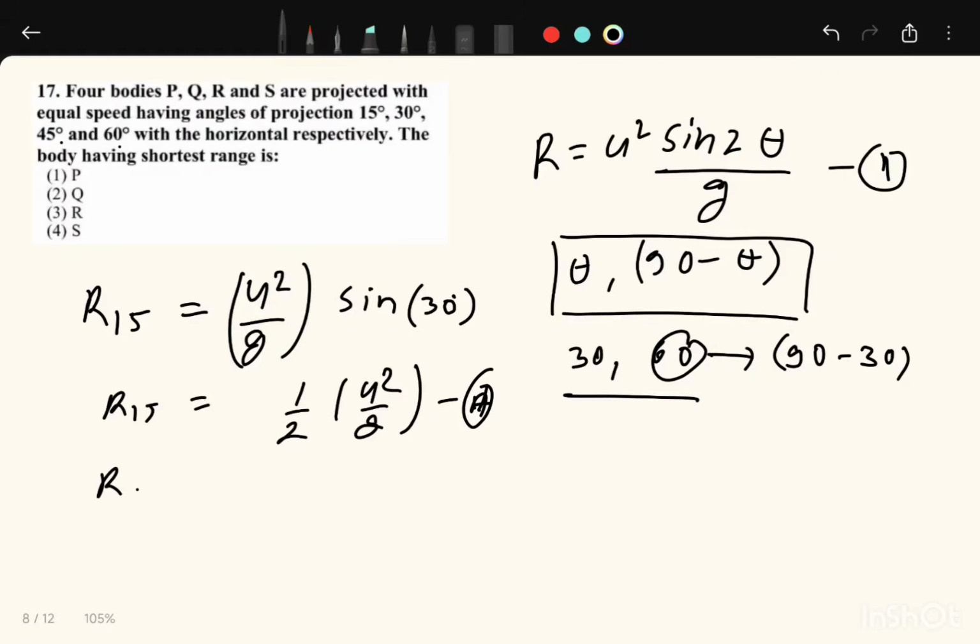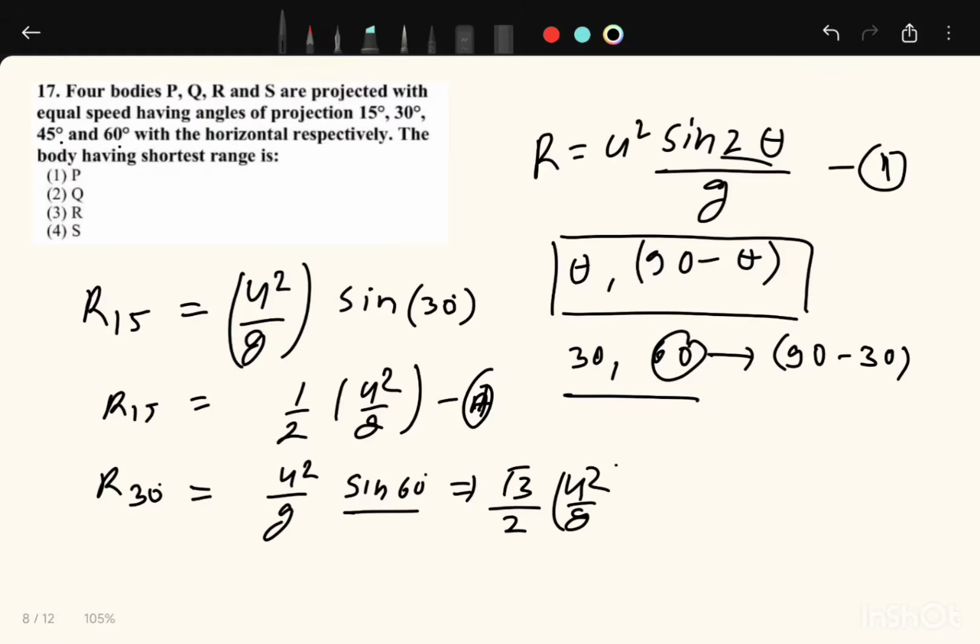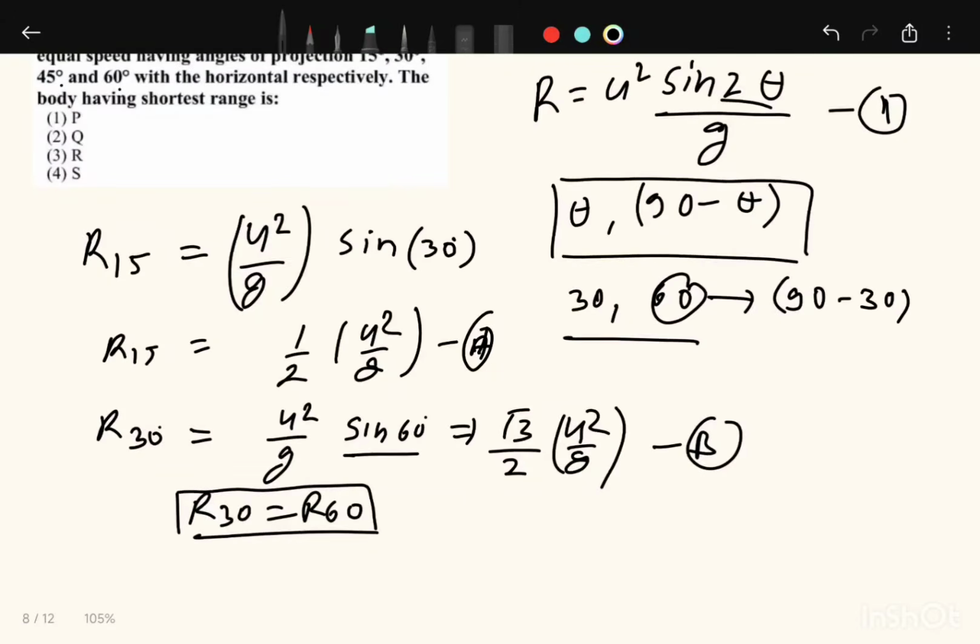Now let me take 30 degree. For 30 degree, 2 theta will be 60 degree. So sine 60 will be root 3 by 2. So it will be root 3 by 2 u square by g, right? And we know R30 and R60 are the same as they are complementary angles, right?